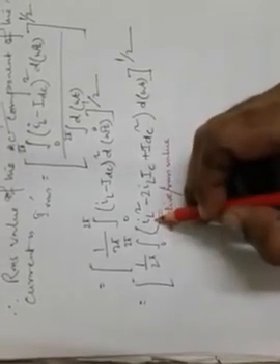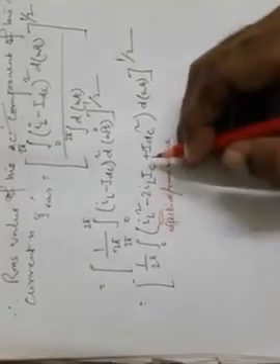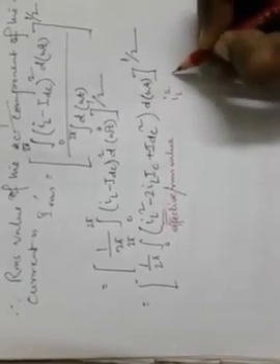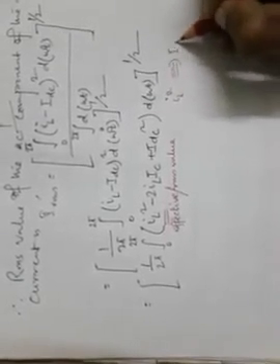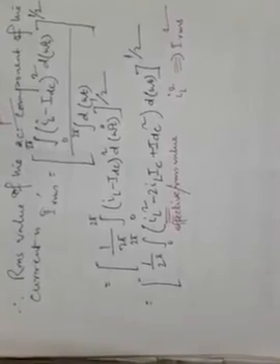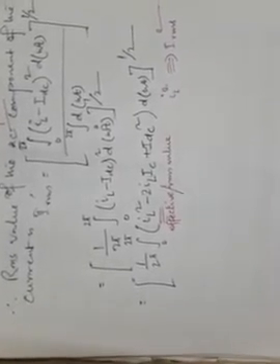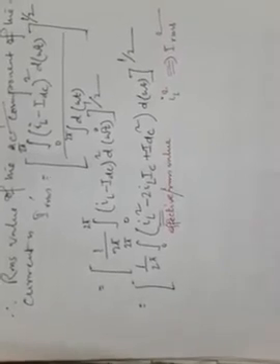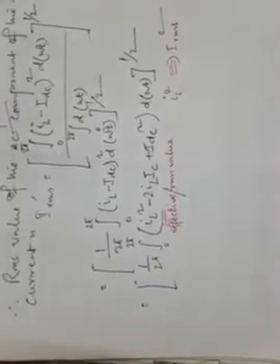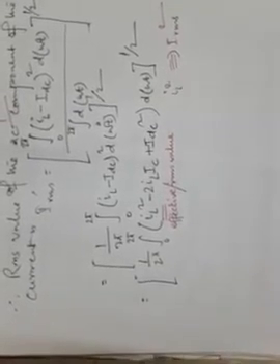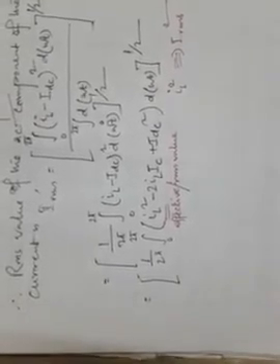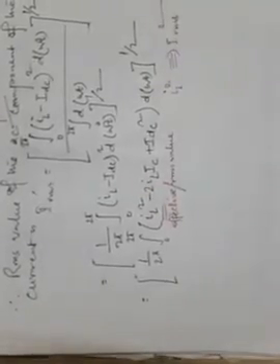So this IL square is nothing but IRMS square, because IL is the instantaneous load current, as assumed at the beginning of the derivation.